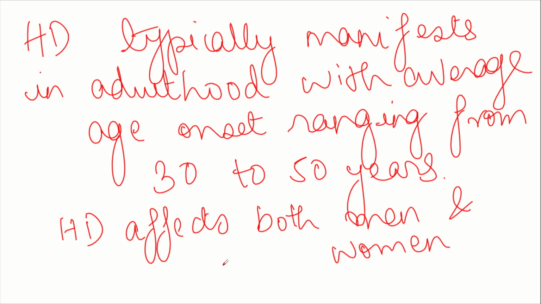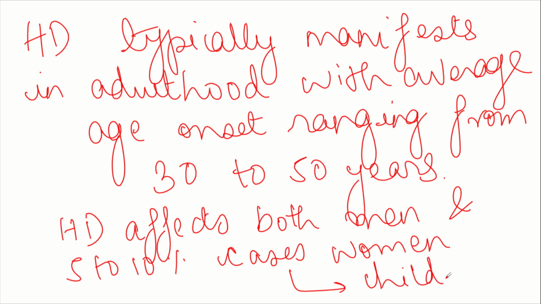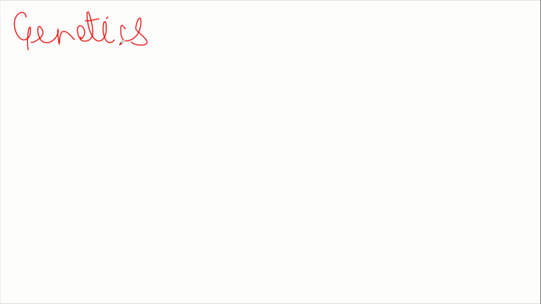Okay, and 5 to 10% cases were found to be in childhood or adolescence. Okay, so now let's learn about the genetics. That is the most important part. Let's learn about the genetics of Huntington disease.